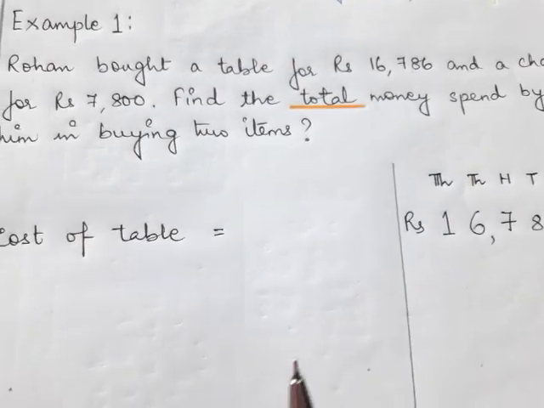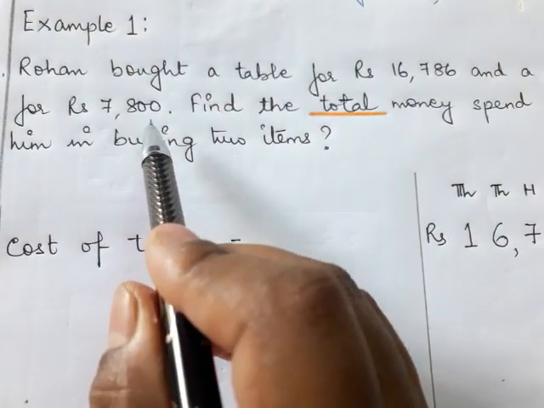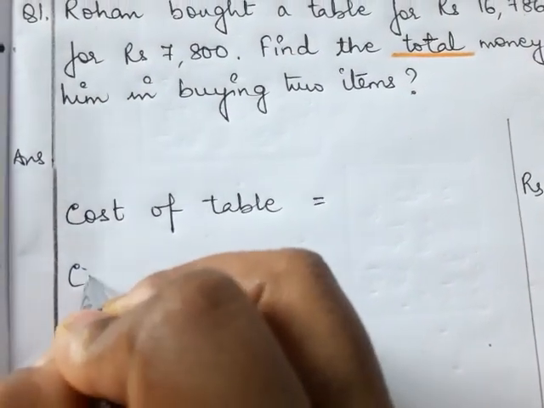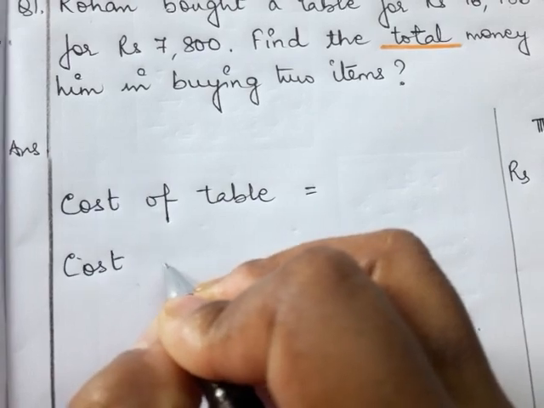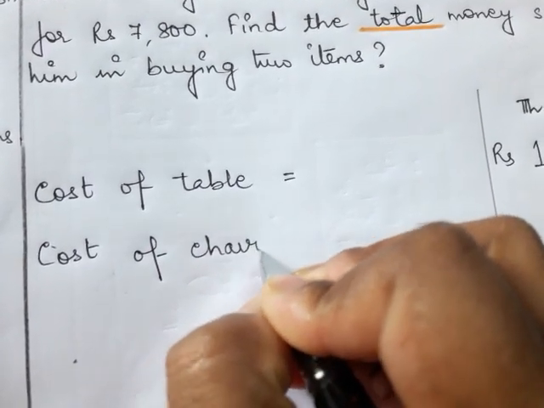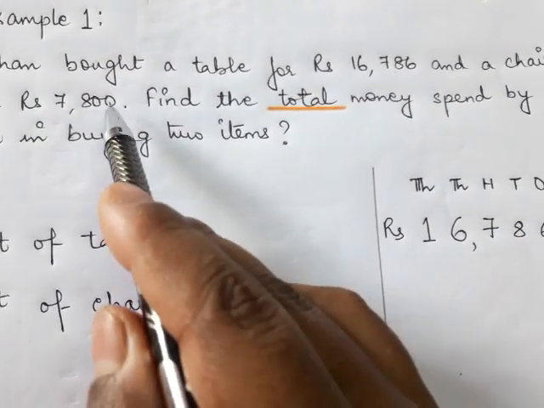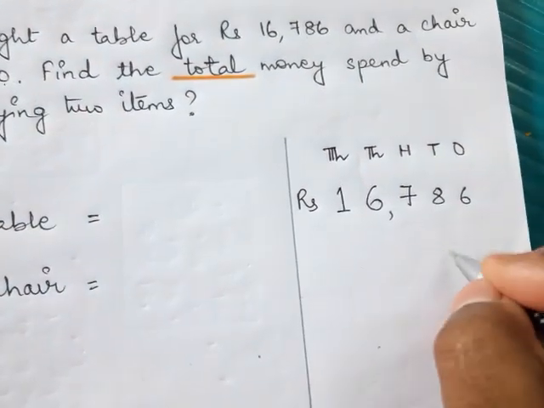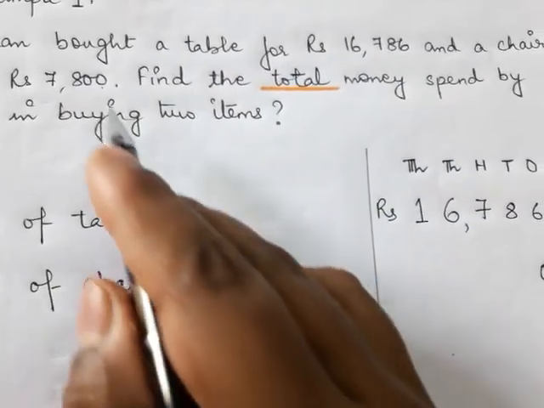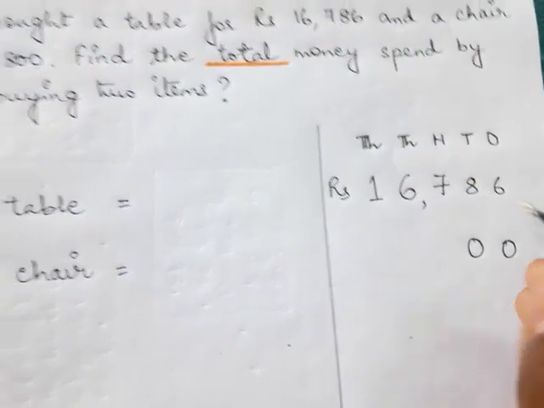Okay, so you have to maintain the places. Clear? Now, and a chair for rupees 7,800. So cost of chair equals to, now 0. 0 is in ones place, I'll write it just below ones place. Then again 0 is in tens place, I'll write 0 in tens place.